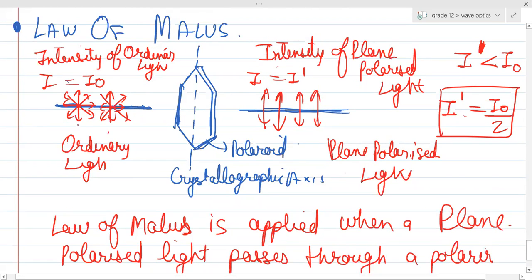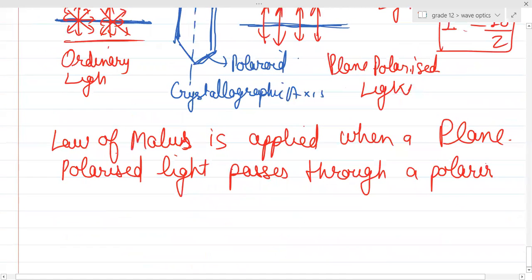So basically you are not passing this through the polaroid in the case of Malus law. You are passing this through another polaroid over here. Are you getting my point?